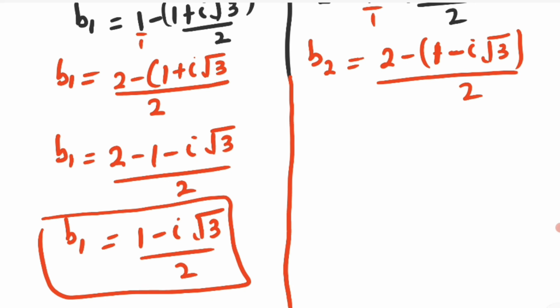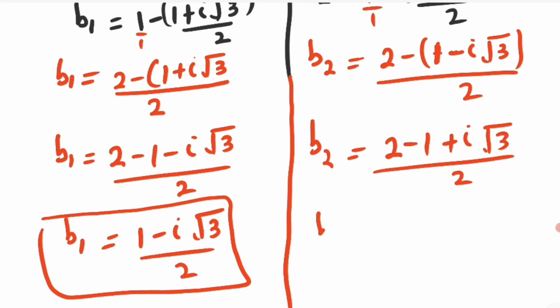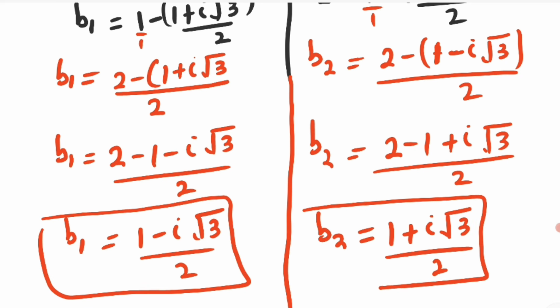Also here, we have B2 is equal to 2. If you open the bracket with this negative, we have minus 1 plus I root 3 over 2. Then B2 is equal to 2 minus 1. This is 1 plus I root 3 over 2. This is the value of B2.